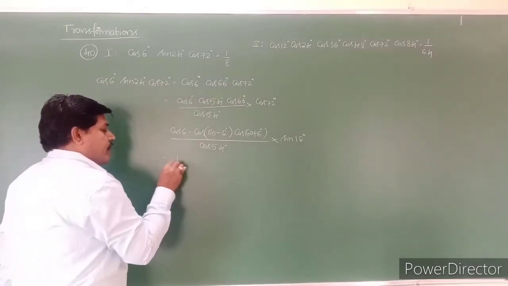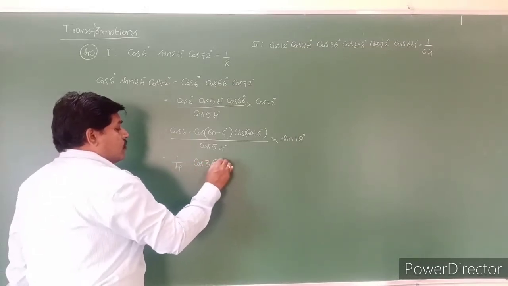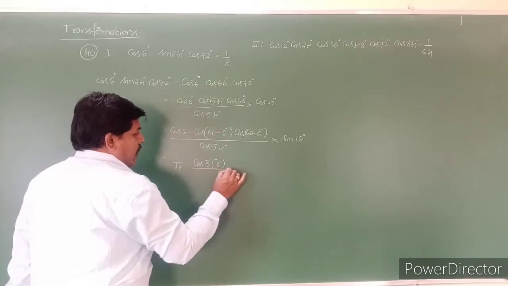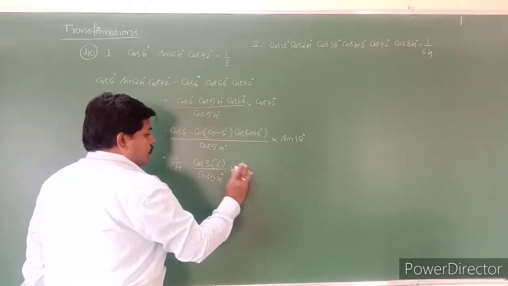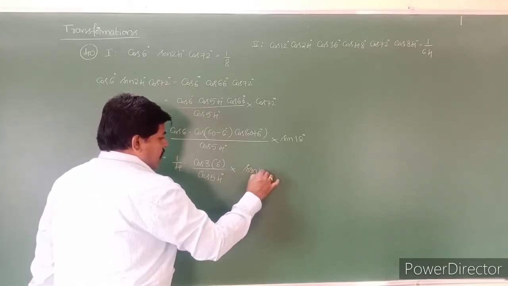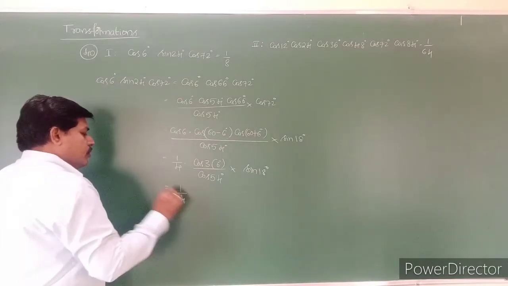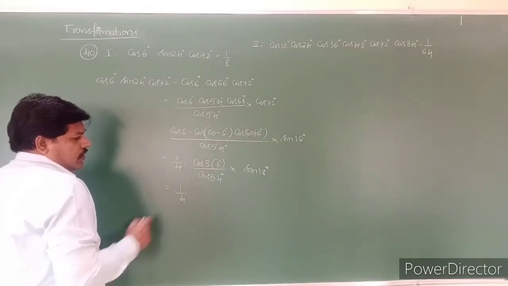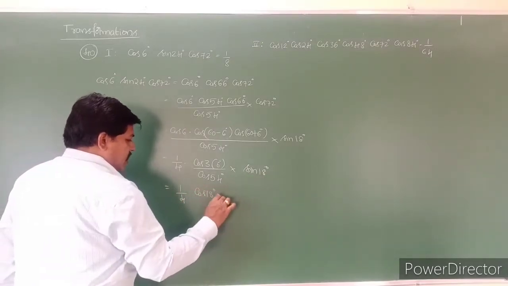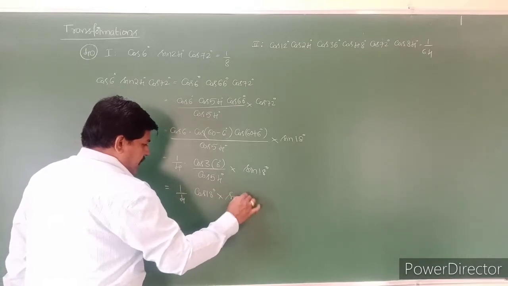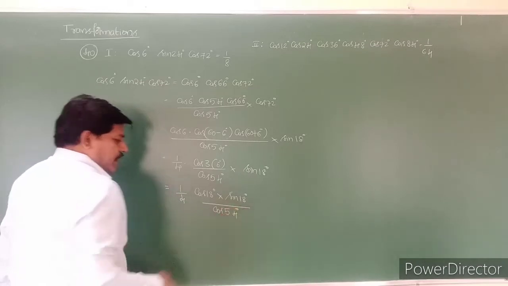So that is nothing but 1 by 4 into cos 3 into 6 degrees by cos 54 degrees into sin 18 degrees. So this value is cos 18 degrees, so it is sin 18 degrees by cos 54 degrees.